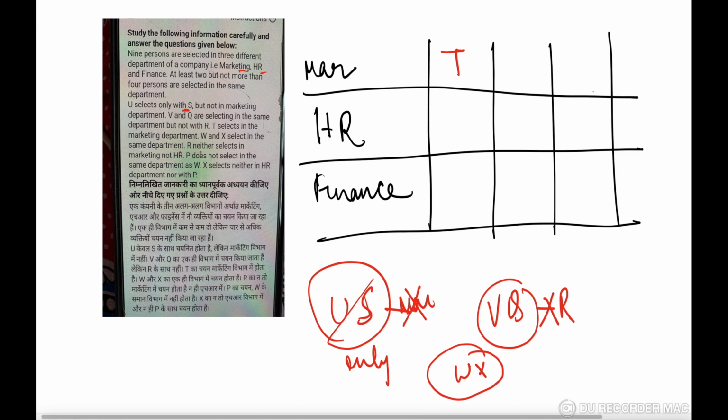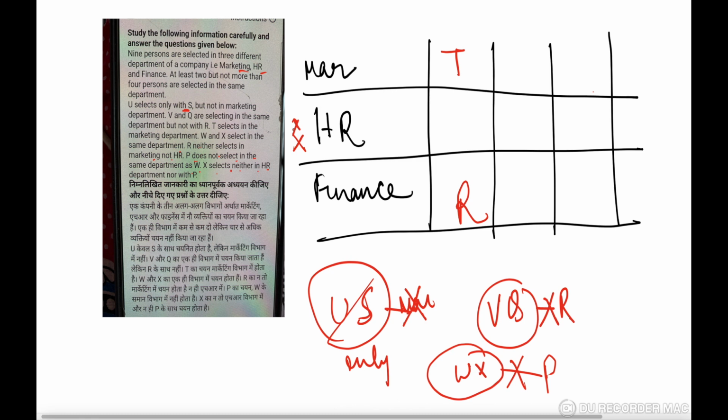R neither selects marketing nor HR, which means R is here. Okay. Then P does not select the same department as W. So P is not with W. X selects neither in HR department nor with P. So X is not with P, that we know, but X is also not in the HR department.